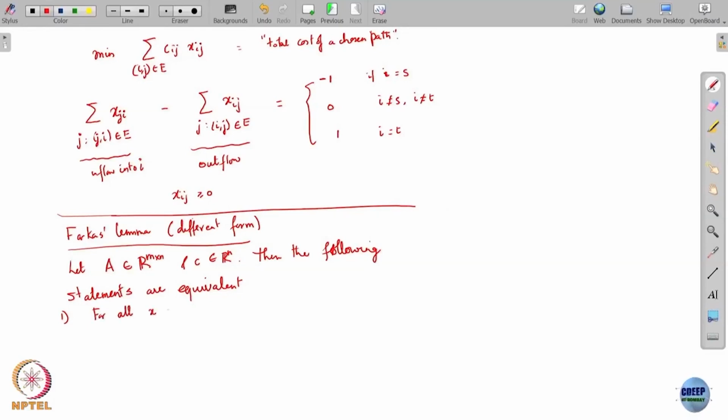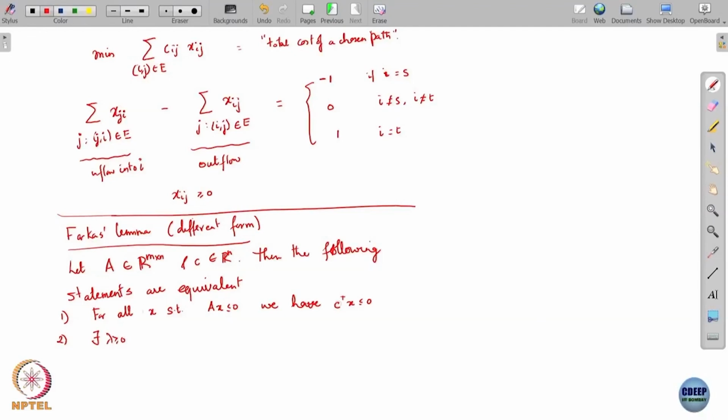For all x such that A x is less than or equal to 0, we have C transpose x less than or equal to 0. And then there exists a lambda greater than or equal to 0, the other statement.